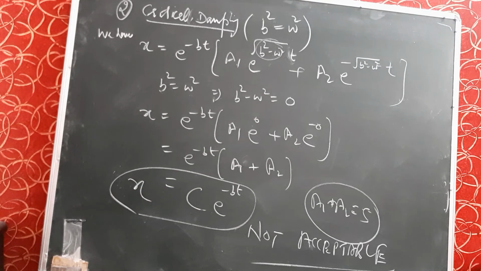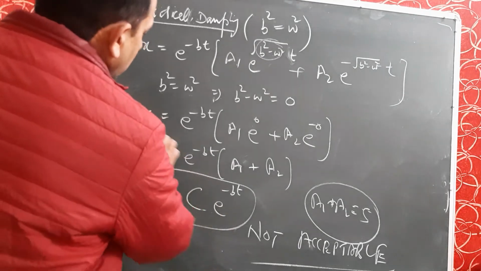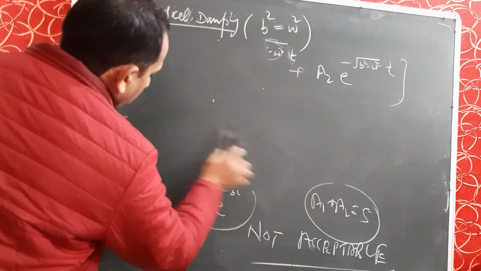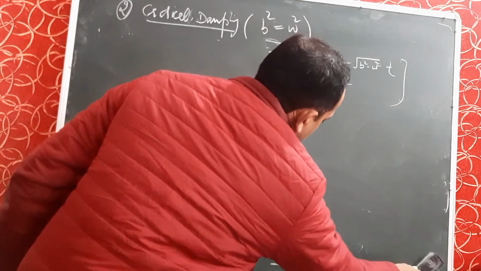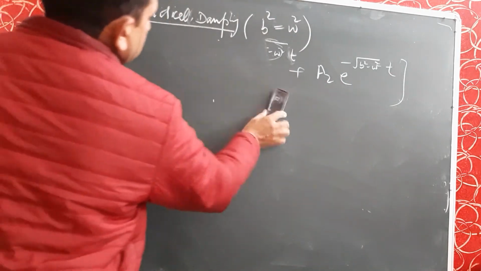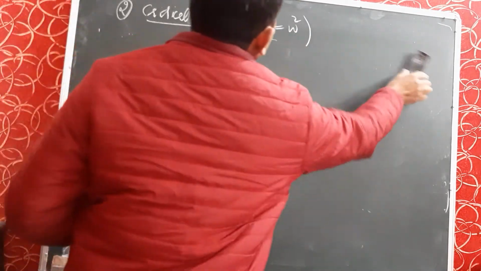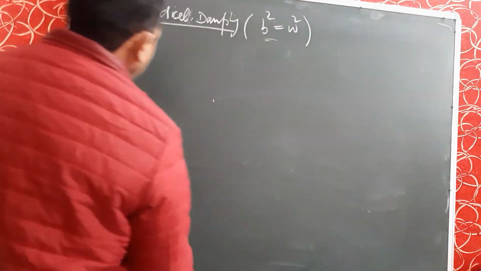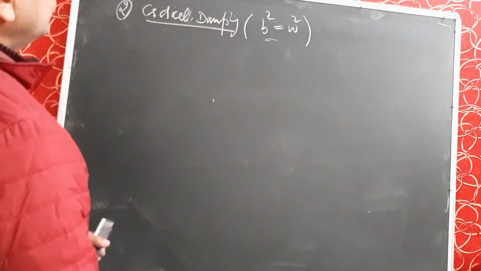So this solution is not acceptable. It means it is not possible. Now what will we do for this case, when there is a single term but a second order equation should have two terms?